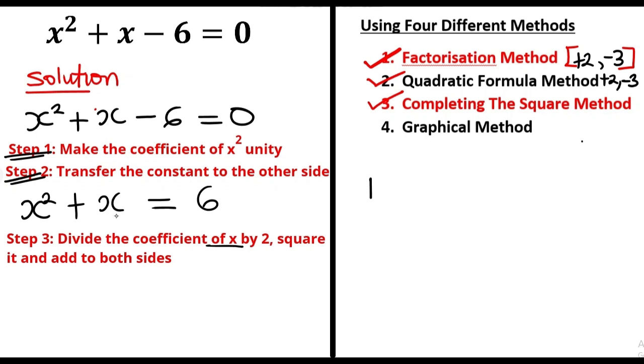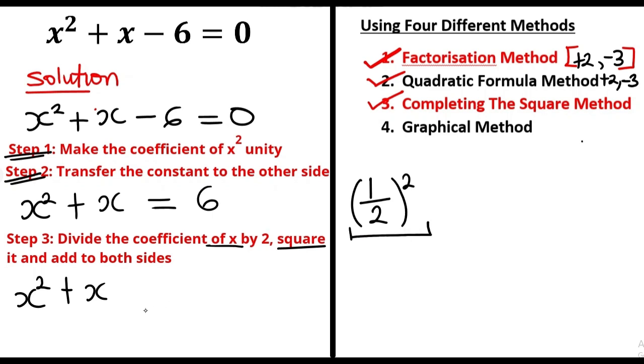We divide it by 2, then we square it, then add to both sides of the equation. Doing this, we have x squared plus x, plus half squared on one side, and then the same thing on the other side: 6 plus half squared.